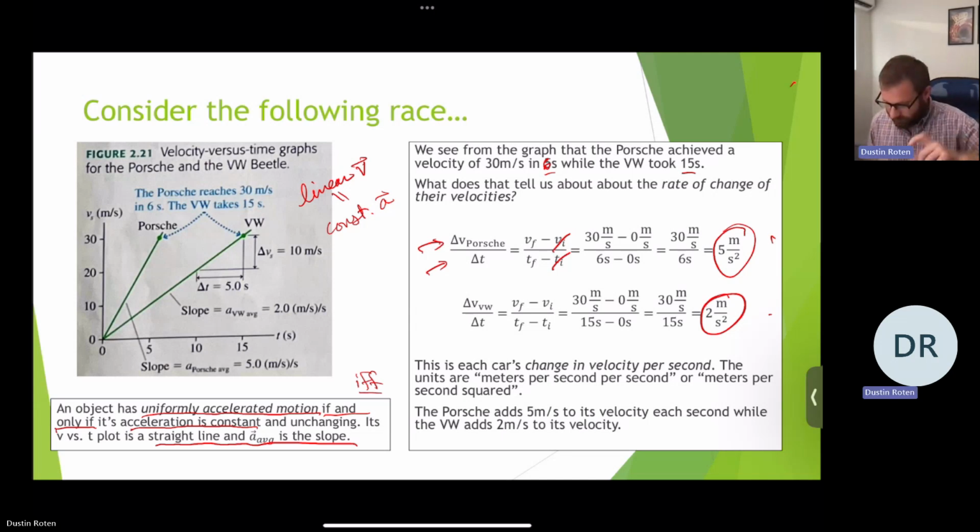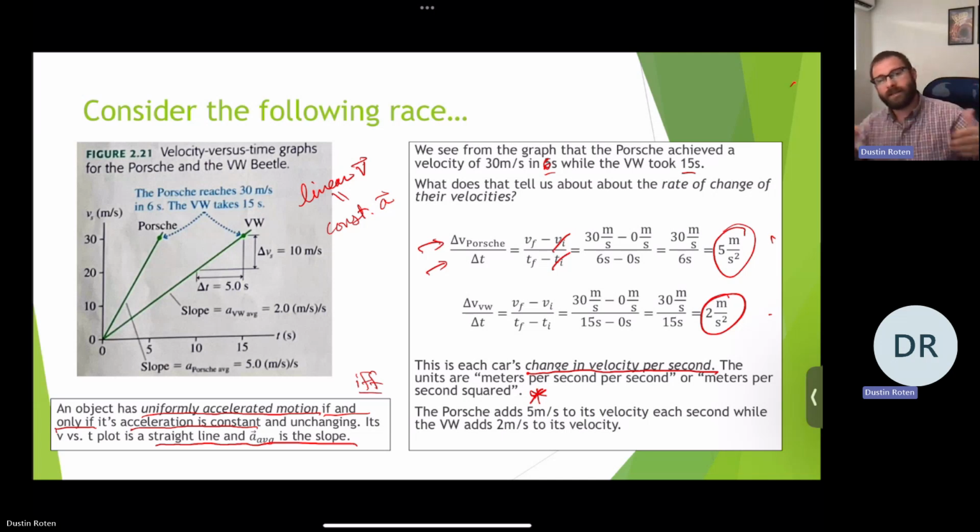So this is each car's change in velocity per second, right? So again, these units are meters per second squared. So this is important. You'll hear me say meters per second squared quite a bit. So essentially what this means is that the Porsche adds 5 meters per second to its velocity every second that it's in motion.